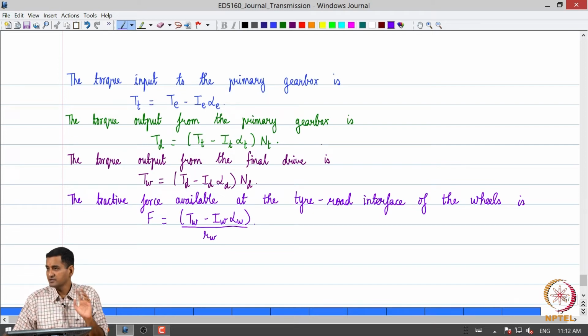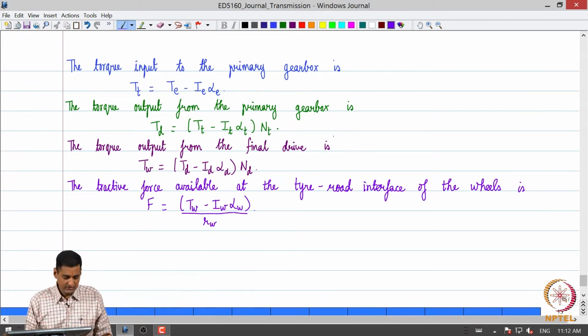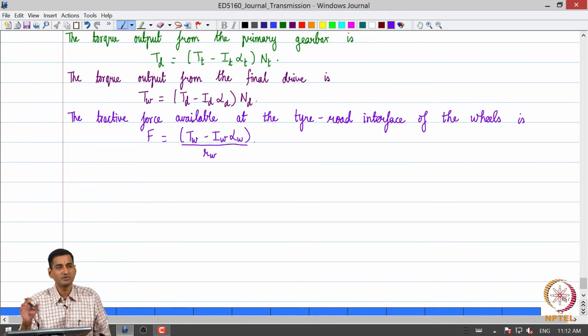We are also going to look at what is required from the vehicle's perspective shortly. Now, shortly we are going to learn about what is called wheel slip and wheel slip ratio, because in road vehicles, if you look at the pneumatic tire, what happens is that it sticks and slips at the tire road interface.